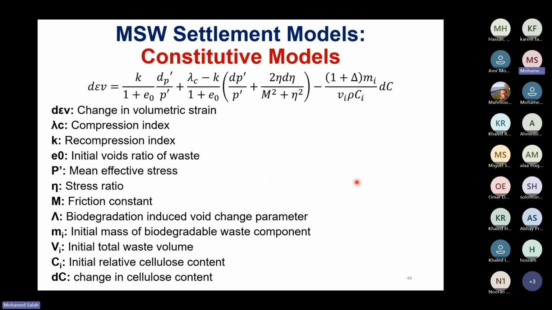The fifth type of model is constitutive models, and they were developed based on soil mechanics constitutive laws, but considering the mechanical and biodegradation properties of the municipal solid waste. Simply, these are models relating stress to strain, but considering the mechanical and biodegradation properties of the municipal solid waste.